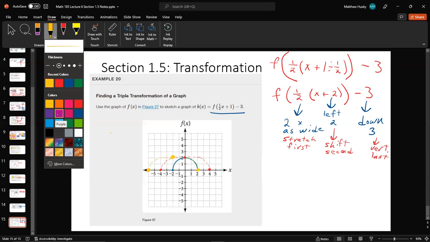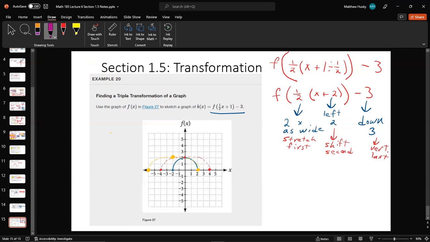Maybe purple. So we go down 3 from where we left off: 1, 2, 3 and end up right there. And then this one, 1, 2, 3, and we end up right there. So then our final graph is going to look something like that.